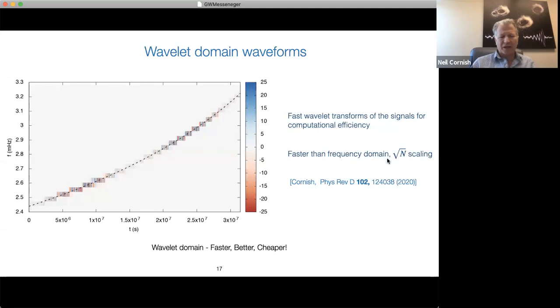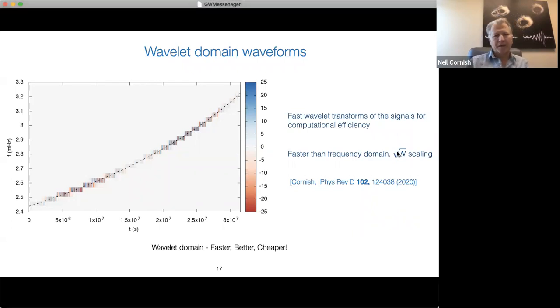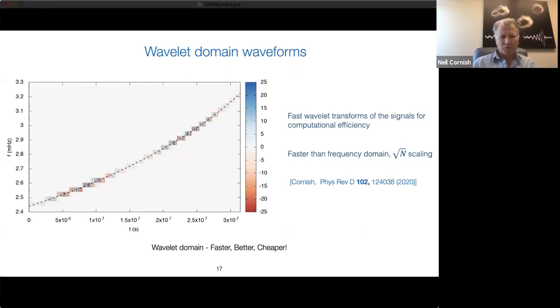So the length of that line scales as the square root of the number of data points, whereas in a time domain or a frequency domain analysis, the size of the signal scales linearly with the number of data points. So it actually turns out that the waveform generation and the likelihood evaluation in the wavelet domain is way faster than in the frequency domain or the time domain.